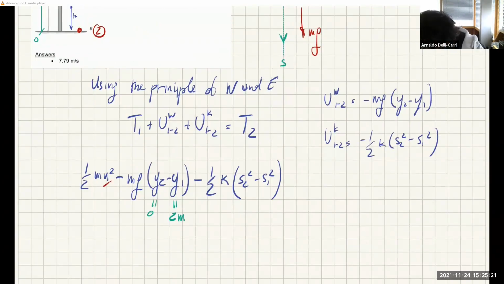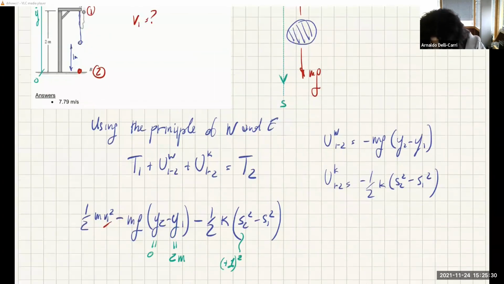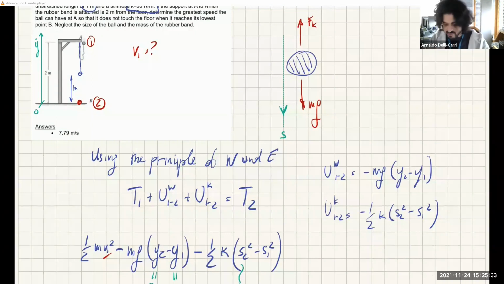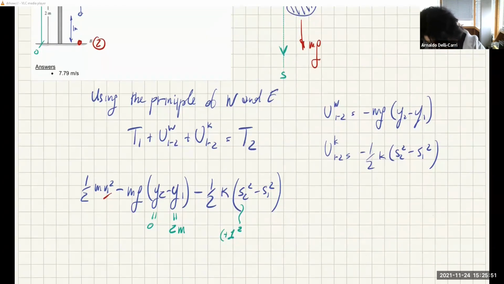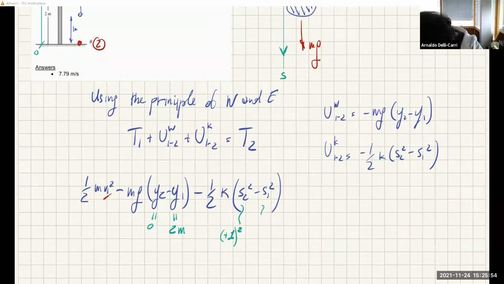So this one is 1 squared. And in S1, of course, we know that this cable only has stretching potential. When it's compressed, it doesn't push the ball because that's what rubber bands do. So we can say there is no stretch at instant 1.